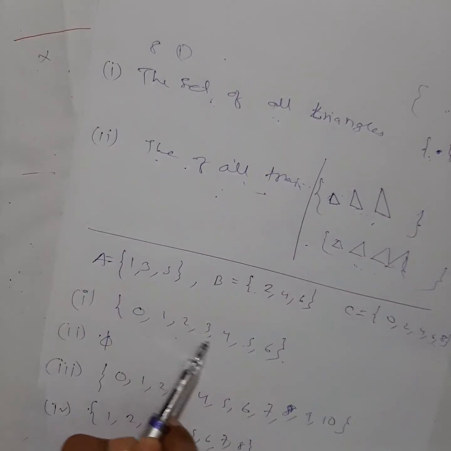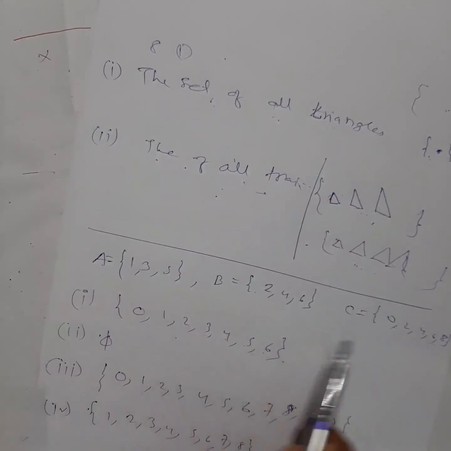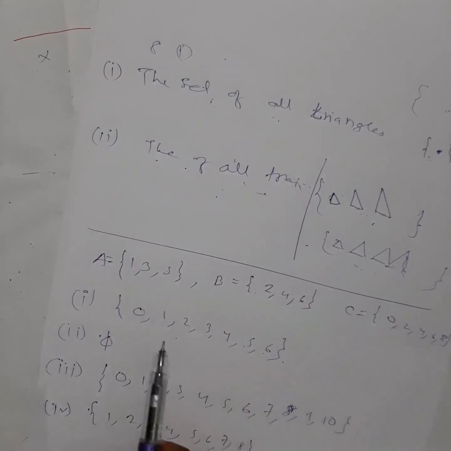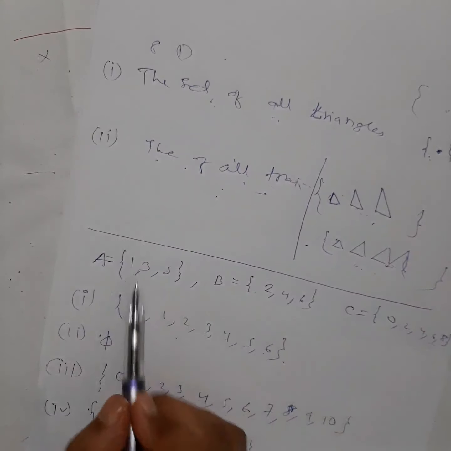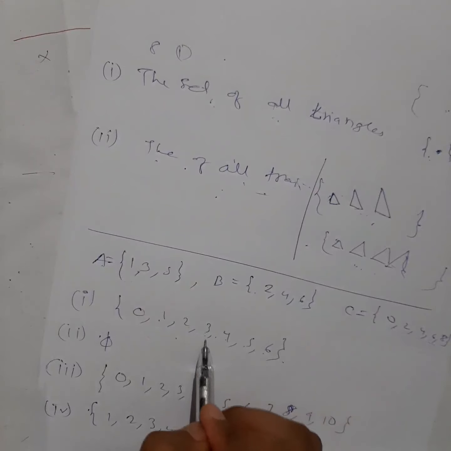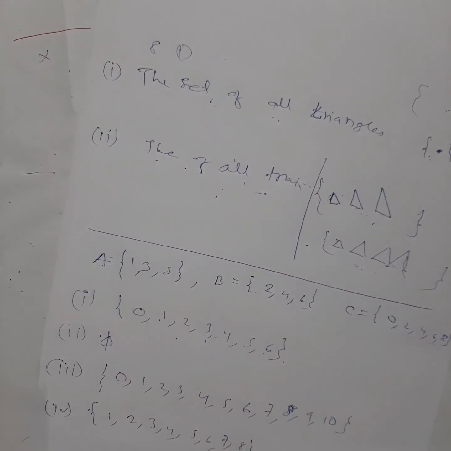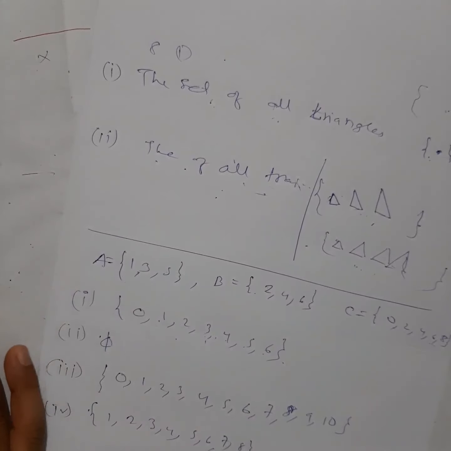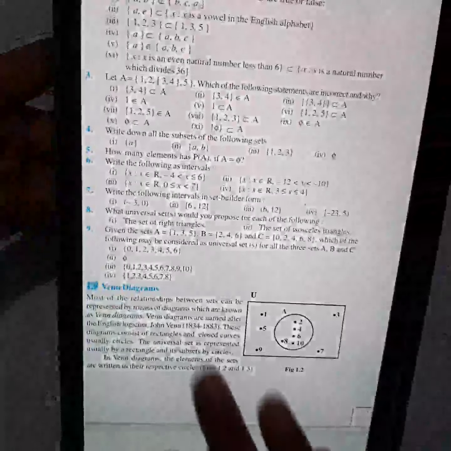2, 4, 6. 2, 4, 6 is there, so bigger than this. 0, 2, 4, 6, but 8 is not there. So for A, this is the universal set. For B, this is the universal set. For C, this is not the universal set. In your question, see carefully, you need to understand the question very well.